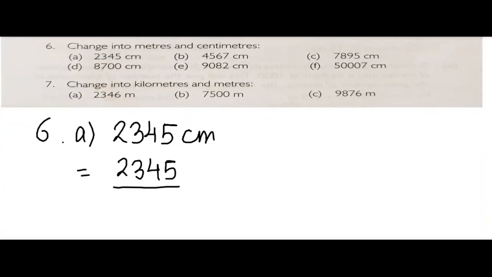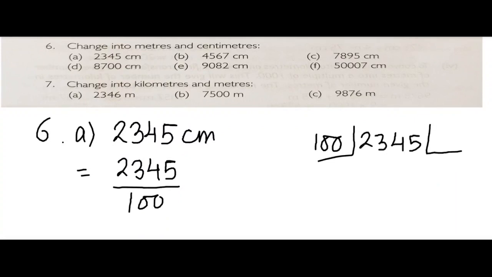So you have to divide it with 100. Okay, in the rough you can try dividing. So we know that 100 2s are 200. After that 2 minus 2, 3 minus 0, 3 and 5 come down.